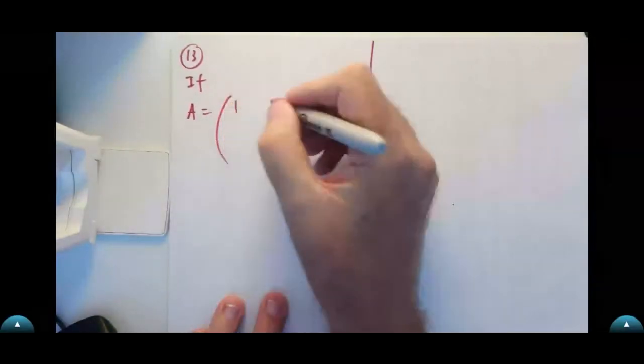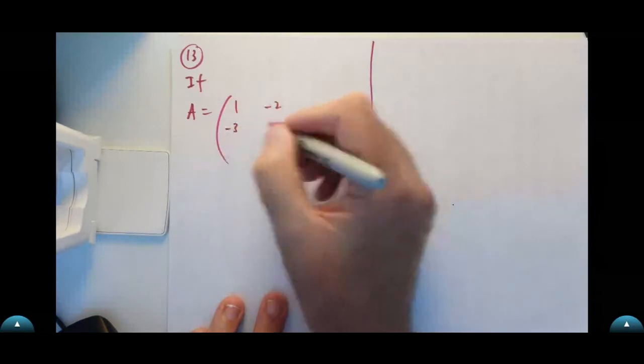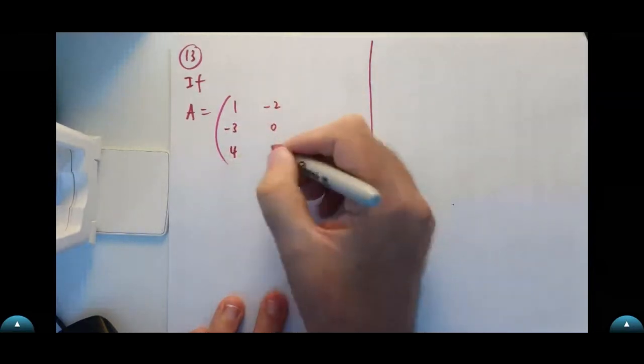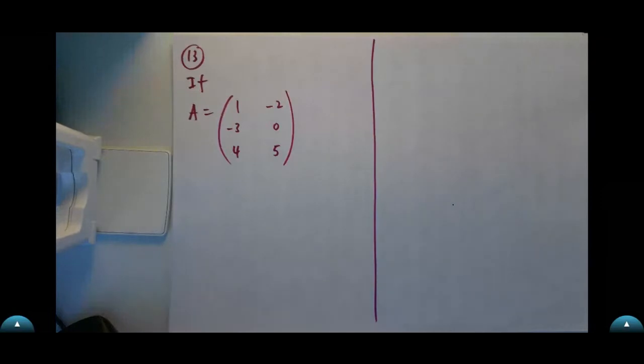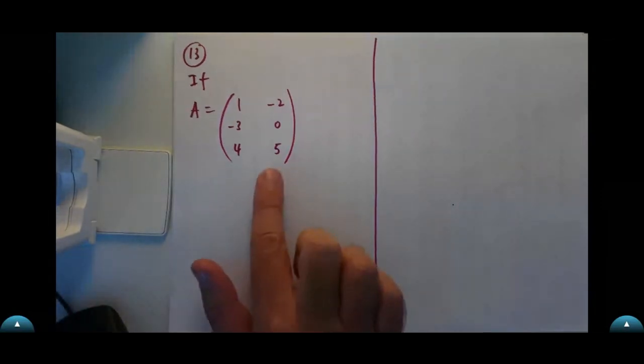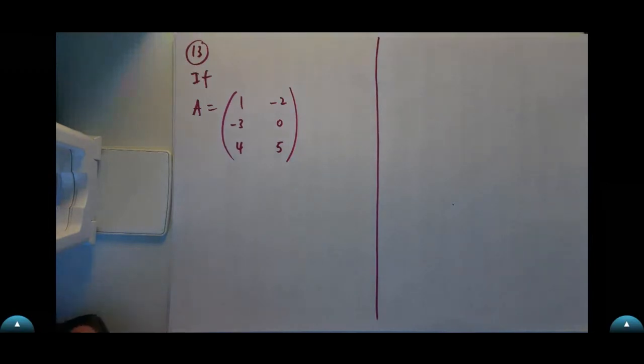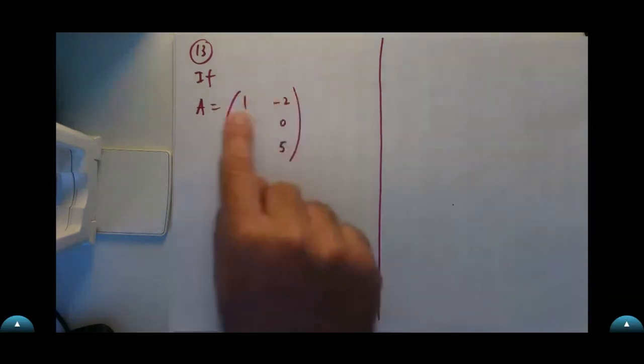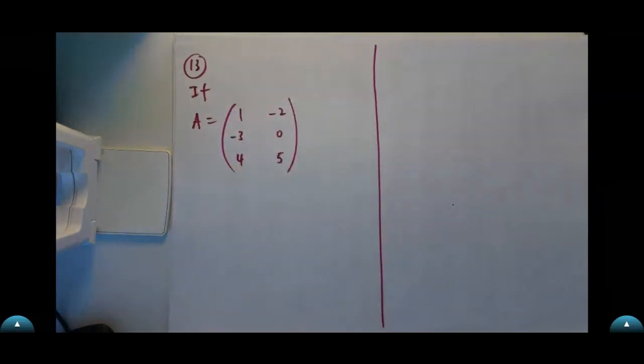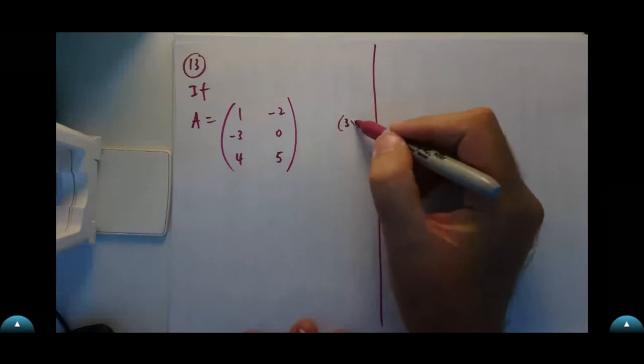So let me share my document camera with you. All right. So let's say A is this matrix. Who can tell me on the chat what is the size of this matrix? Okay, 3 rows and 2 columns. Yeah, thanks, Kevin. So this is a 3 by 2 matrix.